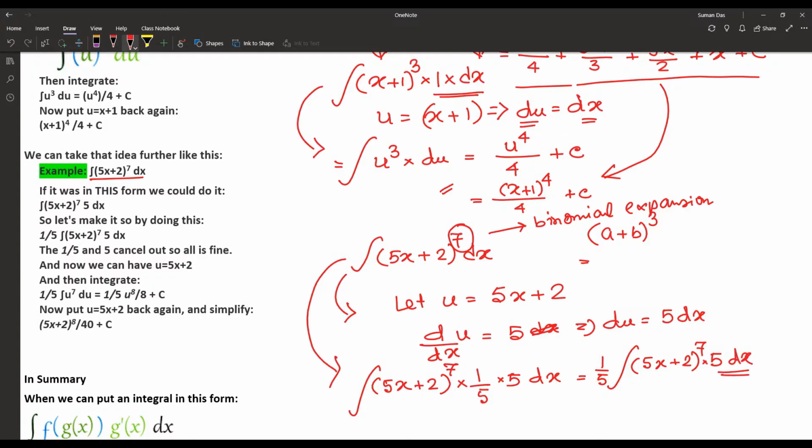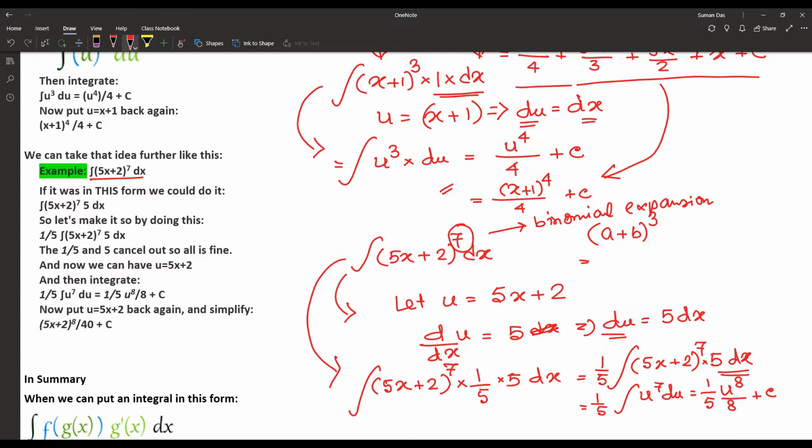Now 5 dx means that is du. So we may substitute like that. So that one is u to the power 7 du, and the final result is 1 by 5 u to the power 8 by 8 plus integration constant.